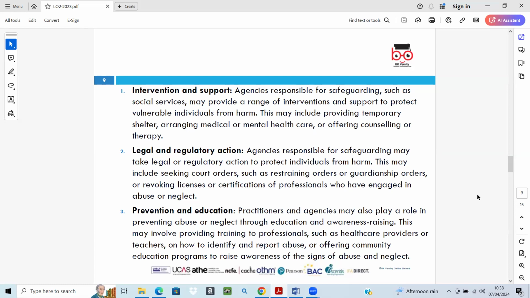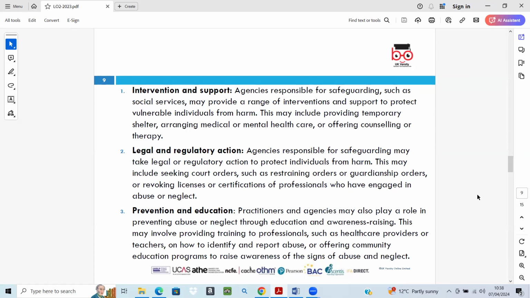Safeguarding agencies or the local authority may take legal or regulatory action, which could be seeking court orders such as restraining orders to protect individuals from their abusers, or guardianship orders to ensure proper care for those who cannot care for themselves, and revoking the license or certification of professionals who have engaged in abusive or neglectful behavior to prevent them from causing further harm.